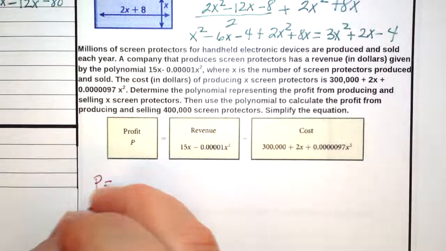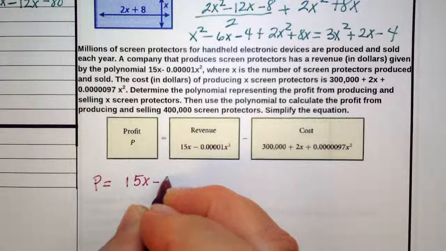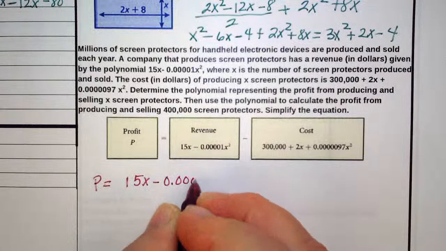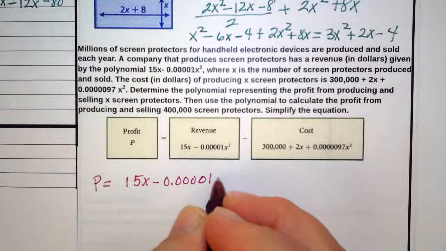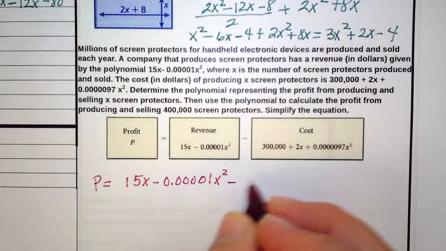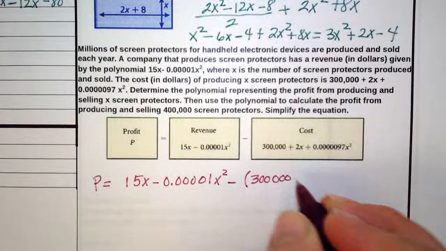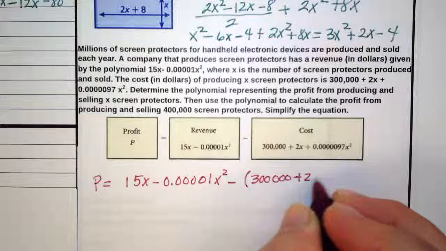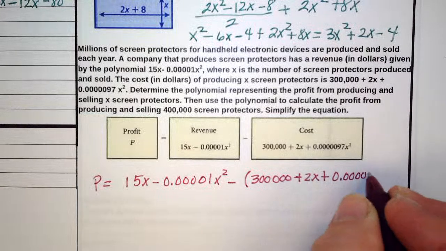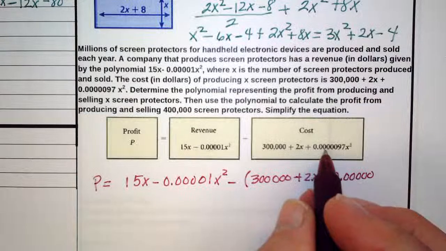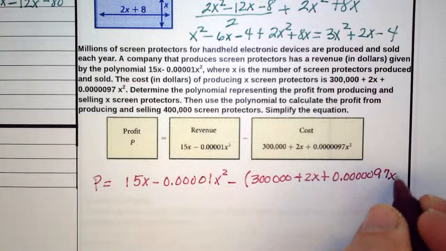Our profit is equal to 15x minus 0.00001x squared minus the quantity of 300,000 plus 2x plus 0.000097x squared.